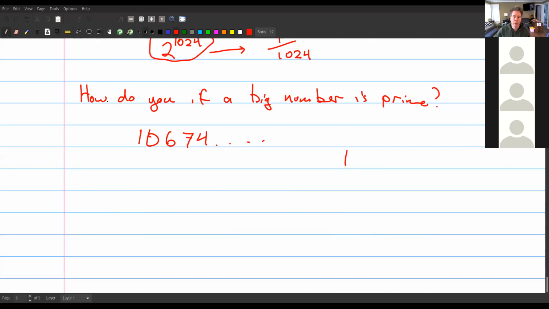So for all primes p, it's supposed to be true that a to the p minus 1 is congruent to 1 mod p. So if you have a number n and you want to know whether or not it's prime, the first thing I would do is check whether 2 to the n minus 1 is congruent to 1 mod n.